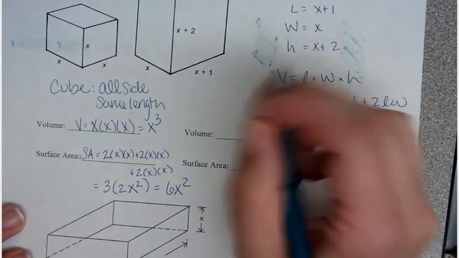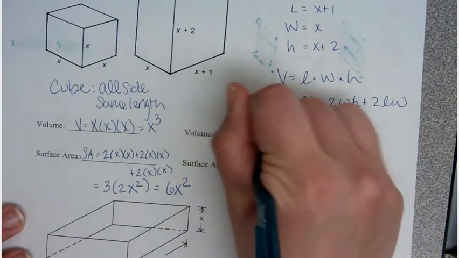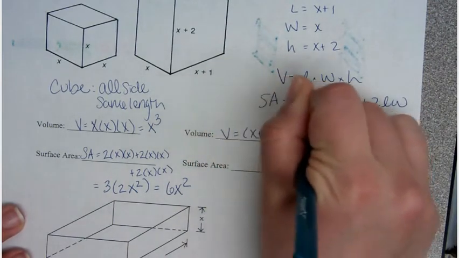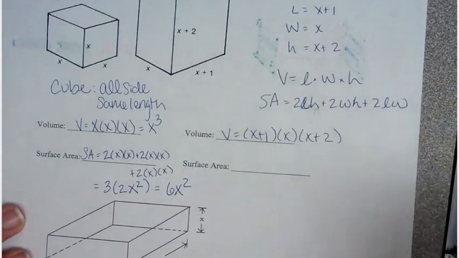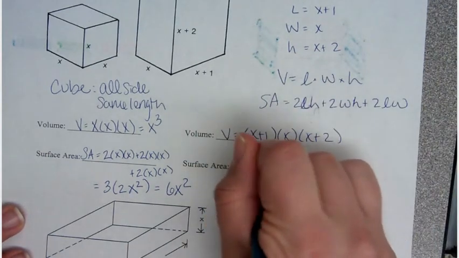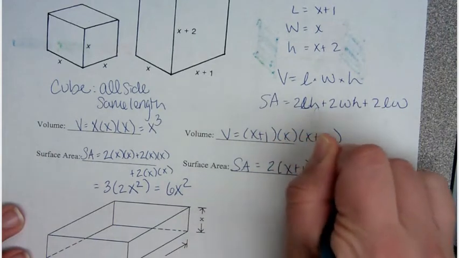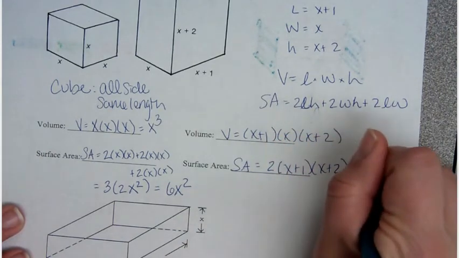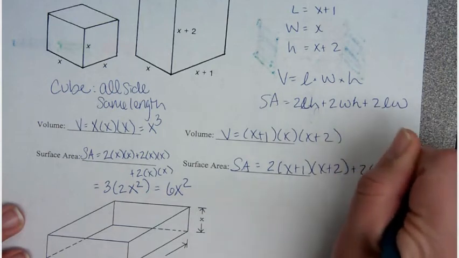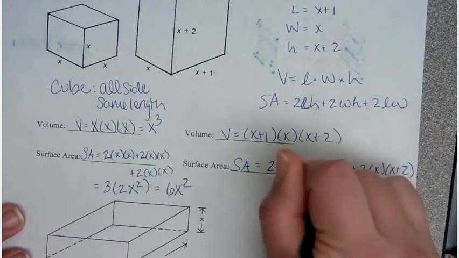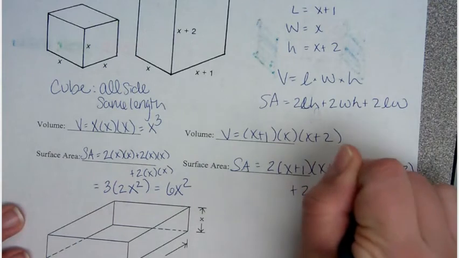So this means that our volume is going to be equal to x times x plus 1 times x plus 2. Our surface area is going to be 2 times x plus 1 times x plus 2 plus 2 times x times x plus 2 plus 2 times x plus 1 times x.